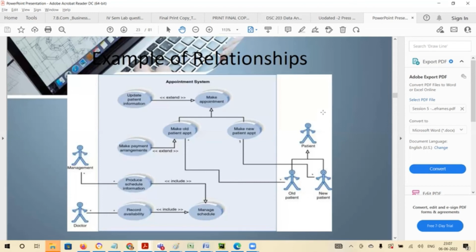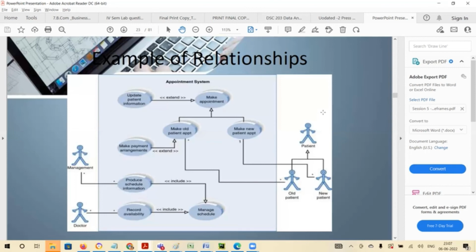And then it is extend make payment. So let's say last time when you visited, you had some pending balance. So it checks whether there is any pending balance or not. That's why you have this extend, to check if anything is pending from last visit. Then the new patient appointment is different because here you're asking about the patient information as well, before you make the appointment.